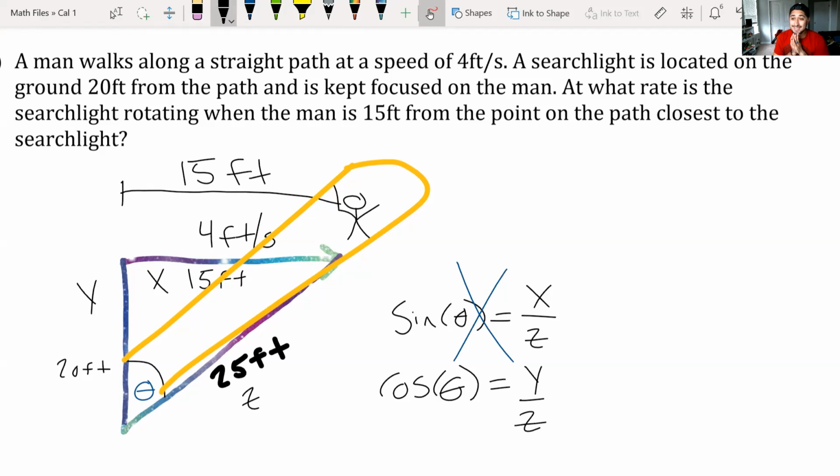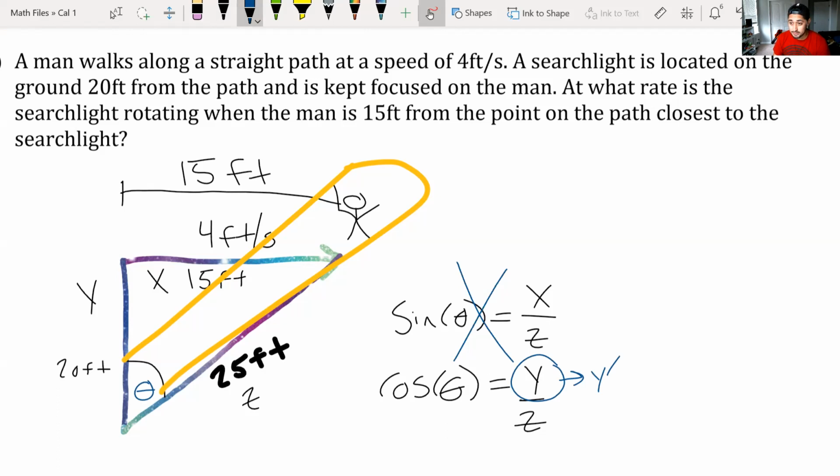But the reason this isn't going to work is that if I take the implicit derivative of y, I'm going to get y prime. Now y represents the pathway, which is 20 feet.